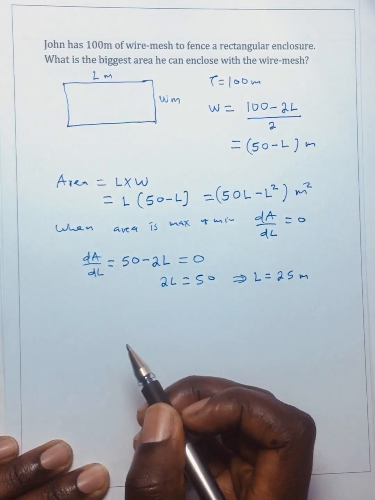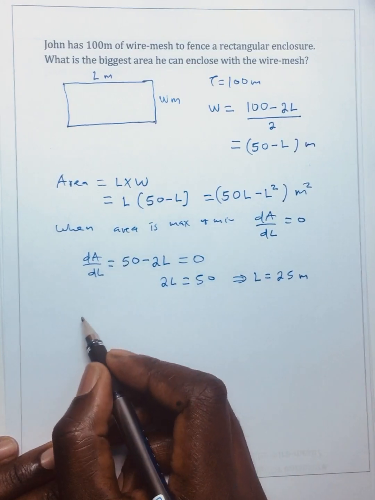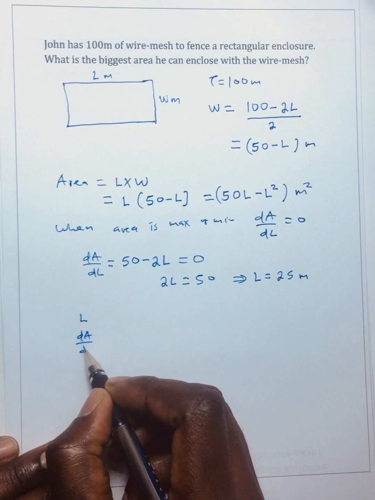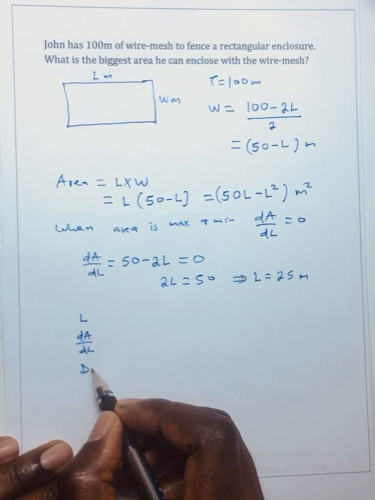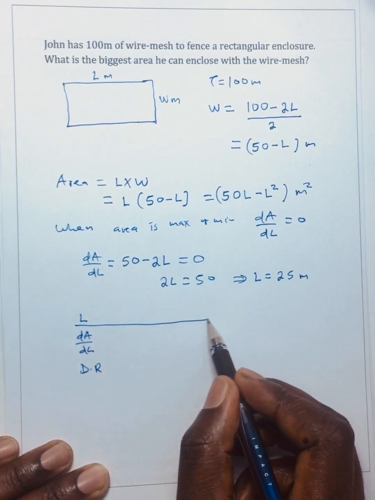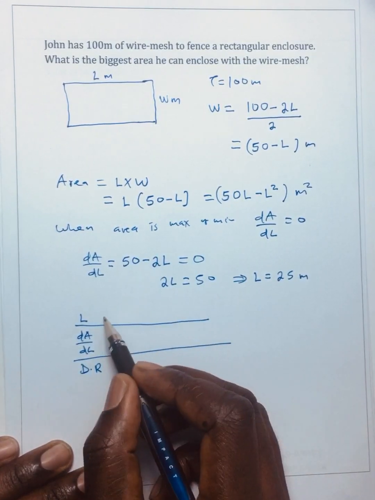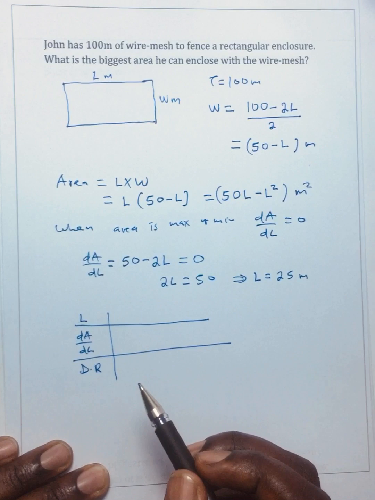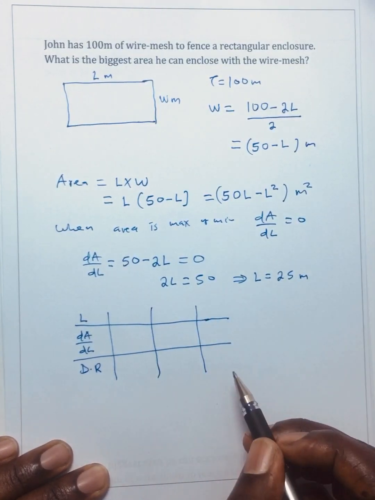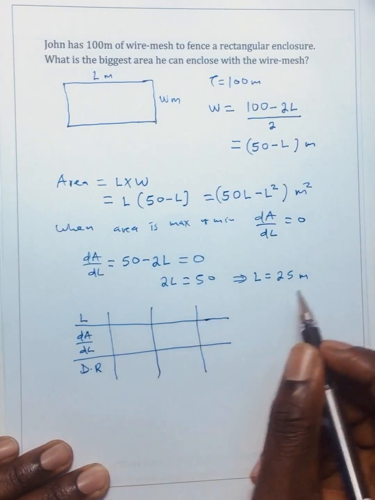So we can use the diagrams where we have the length and we have the A, the L, and we have the diagrammatic representation of that. So let us see. What we're going to do, we're just going to pick a value to the left and a value to the right of the length that we have.